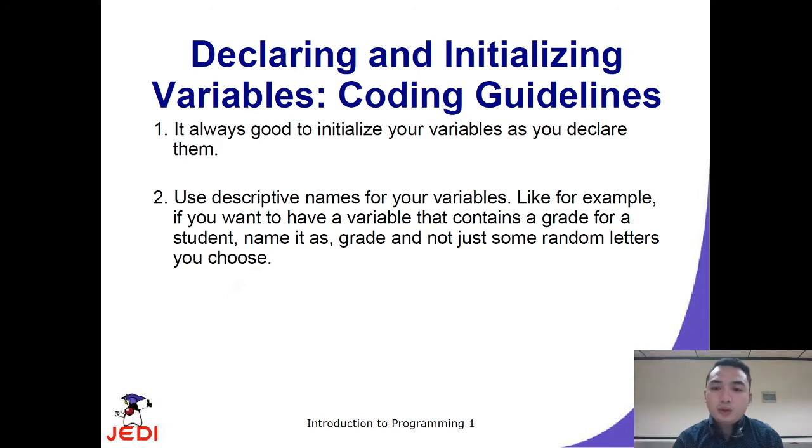For example, if you want a variable that contains the grade of a student, name it grade. We can use random letters if you want to, but that is not helpful when you trace the entire code. So it would be better to have descriptive names for your variables.